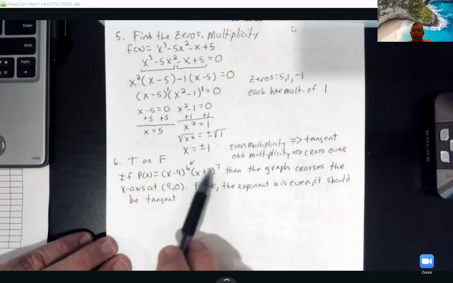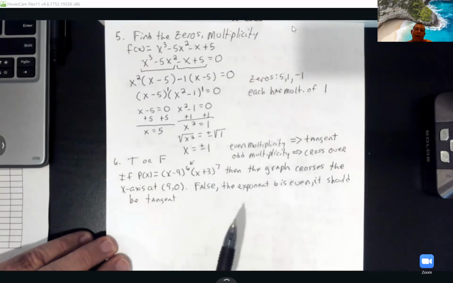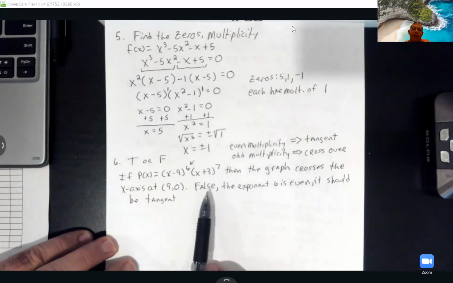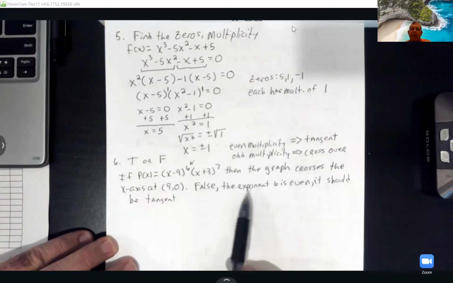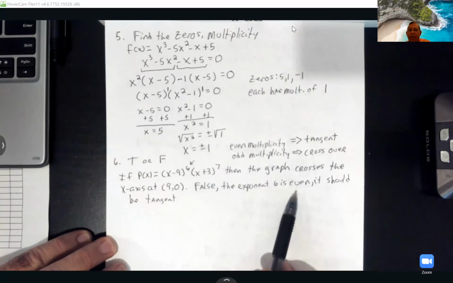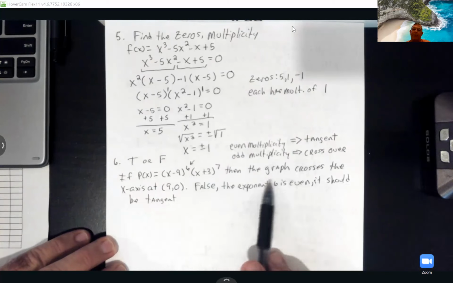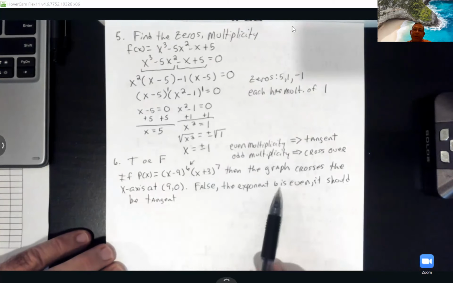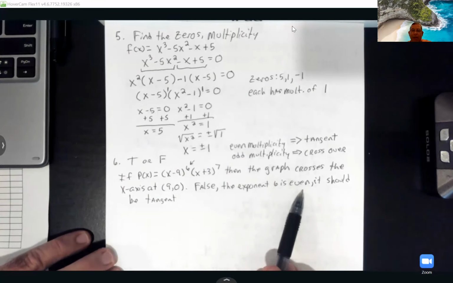So true or false, and then you sort of got to tell why. Now, the other false one would say false, the exponent 6 is odd. Okay, so that's how I really tell the difference. The correct one would have the exponent as even. The false one would have it as odd, okay?